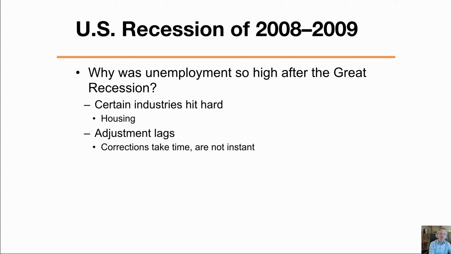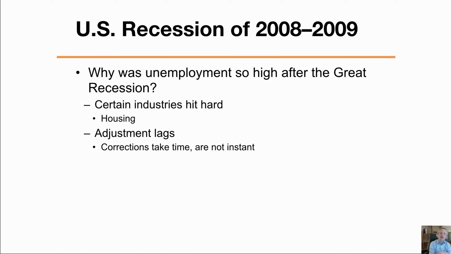Also, after the recession, the way that unemployment responds to different shocks to the macroeconomy sometimes can lag. The corrections don't happen as immediately in the labor sector as in other parts of the economy, like, say, in finance or the stock market, where you see people immediately react to negative macroeconomic shocks.